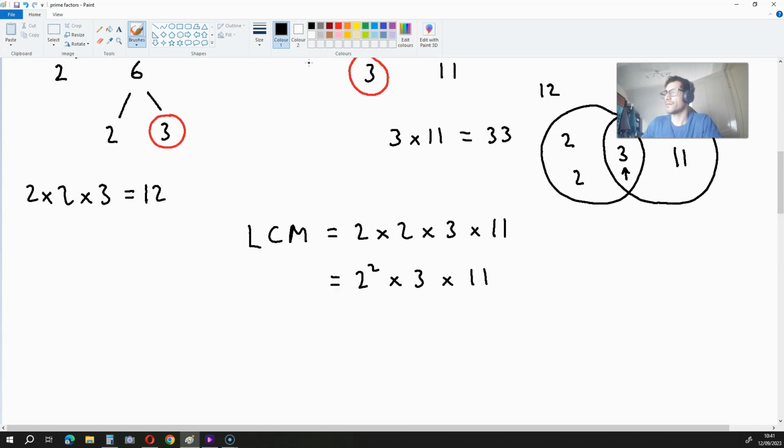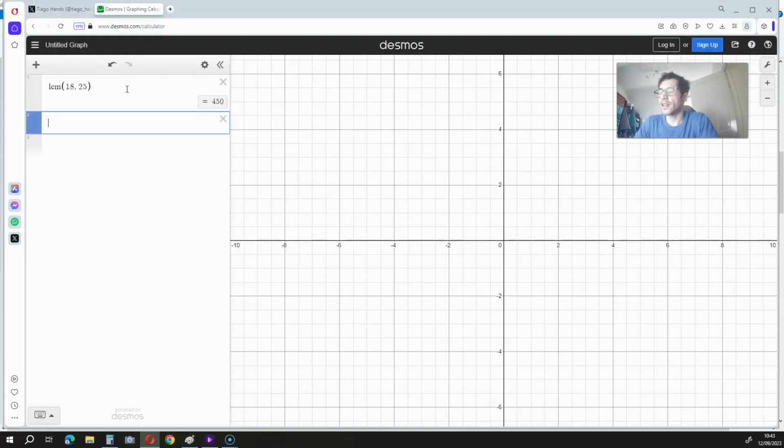132. So the least common multiple for 12 and 33 should be 132. Let's check this result on Desmos. So we've got LCM, and then we put 12 in here like this with the comma, and then 33.